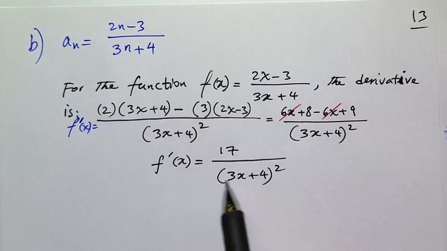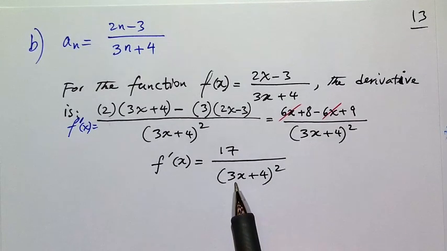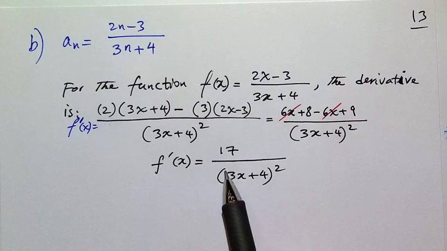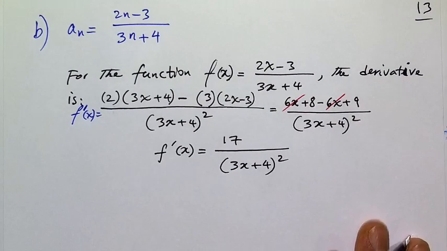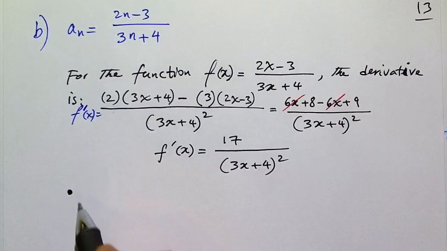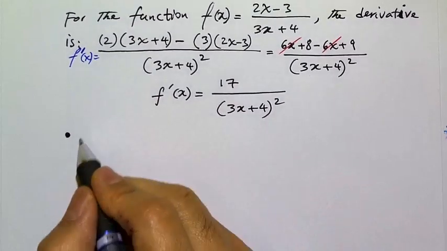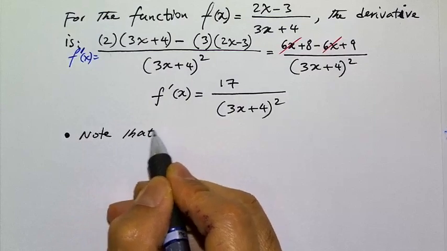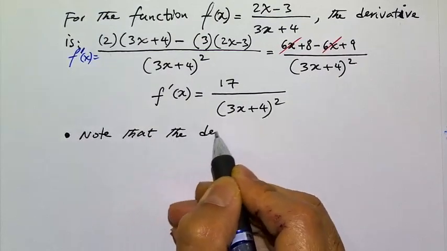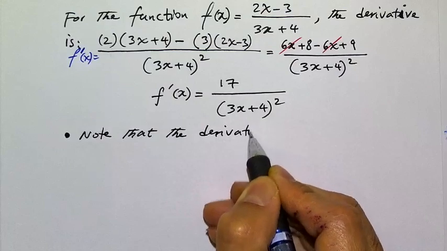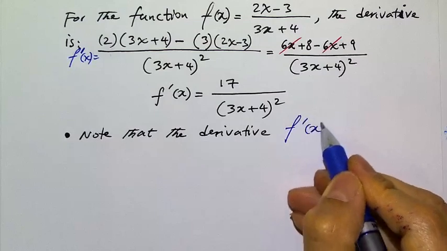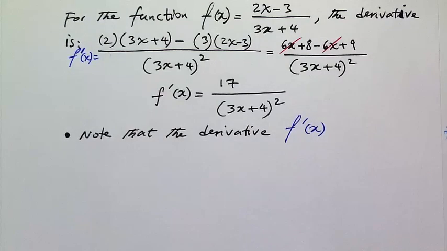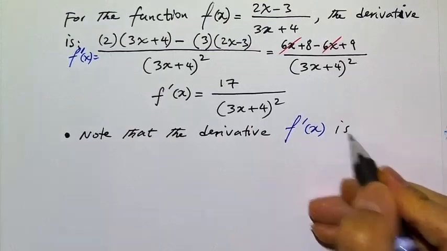So this derivative is always positive, which means the function is a continuously increasing function. So let me make a note of that. Note: the derivative f prime of x is positive for all values of x.